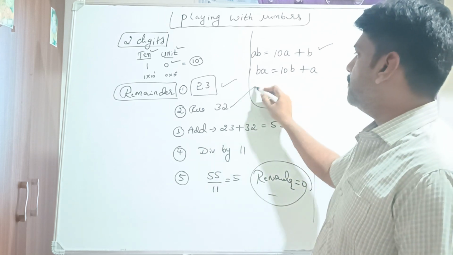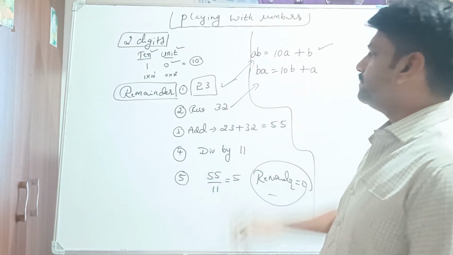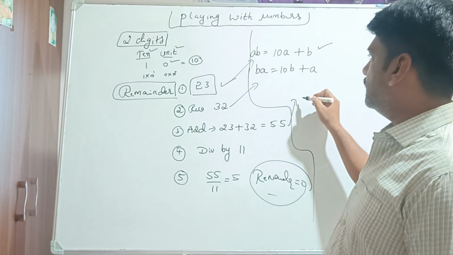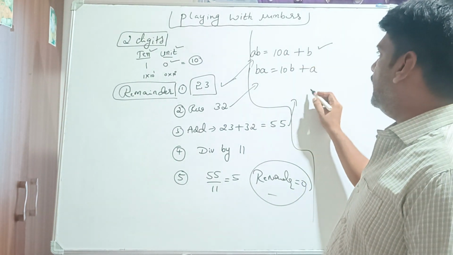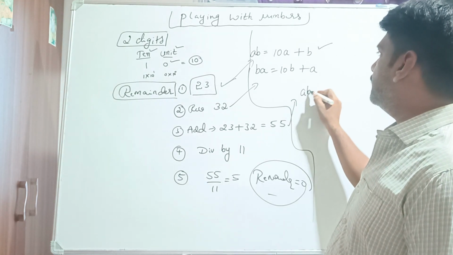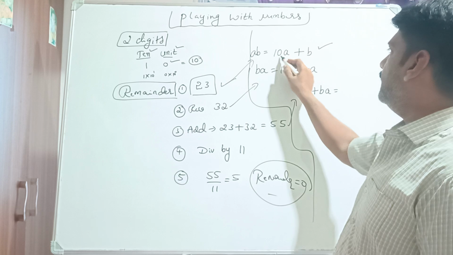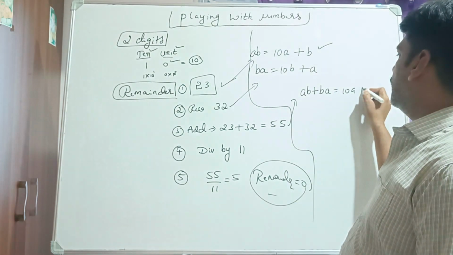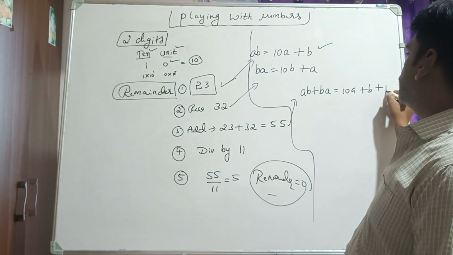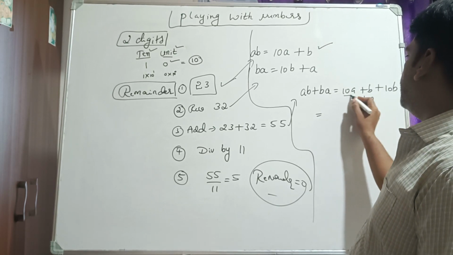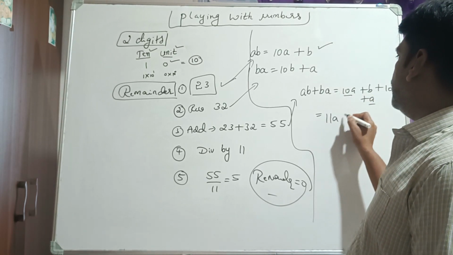It is step number 2. Now we should add this. If I add, AB plus BA is equal to 10A plus B plus 10B plus A. So what you will get? 10A and A, it is 11A.